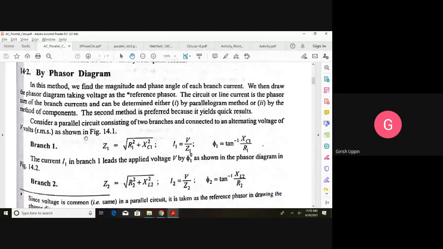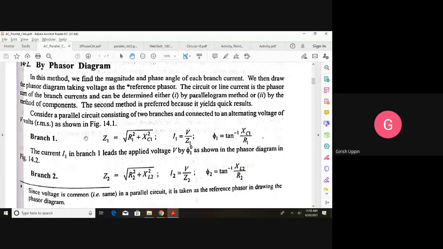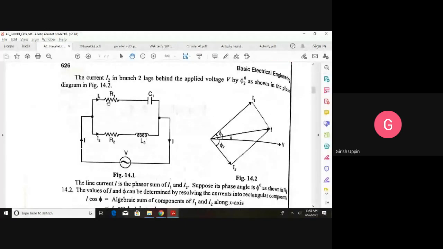For this, we are considering two impedances that are connected in parallel as shown in the figure. This is the circuit diagram. We have an RC circuit and an RL circuit.